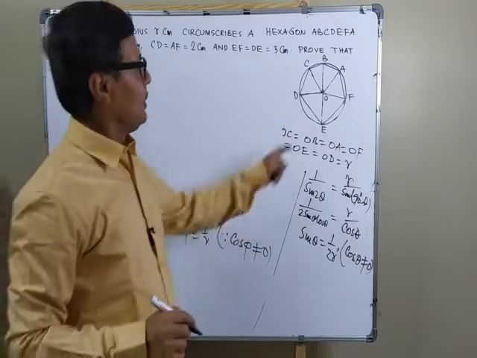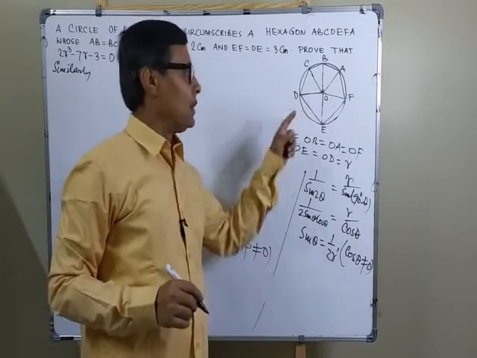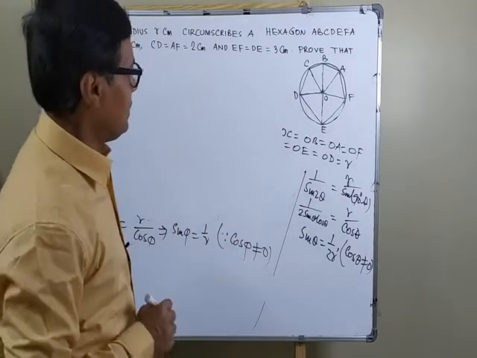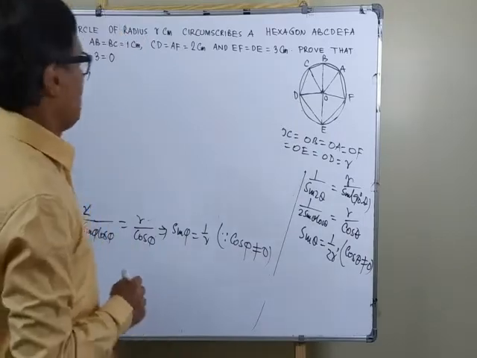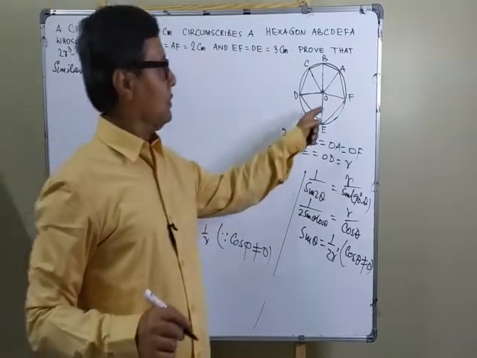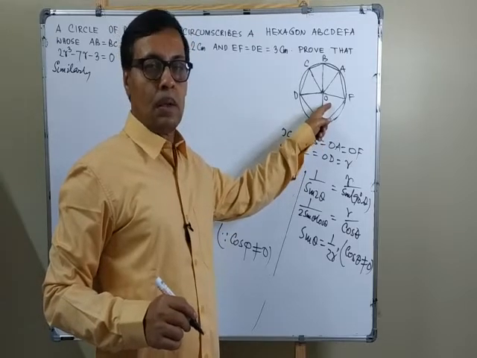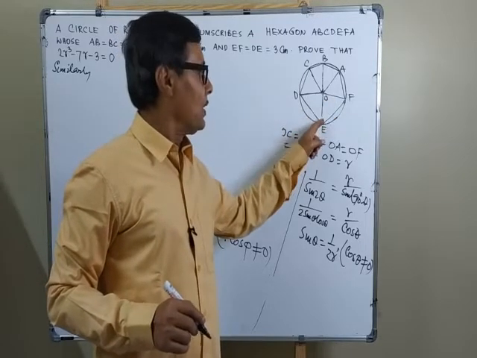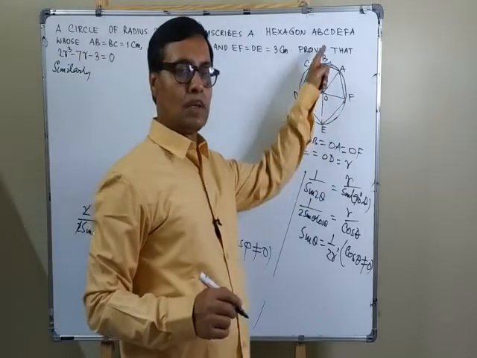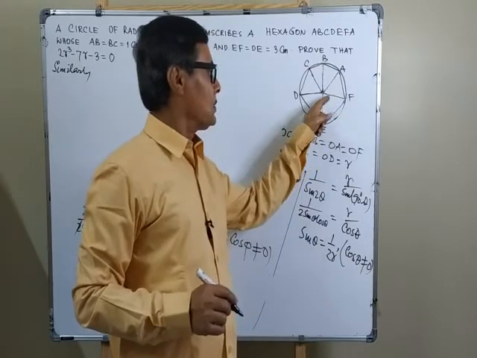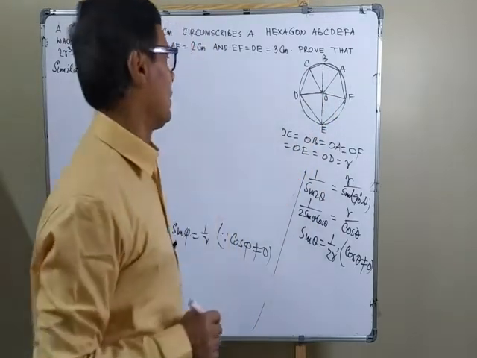We can also prove that this triangle is an isosceles triangle, because OF and OE are equal to R. These are the radii of this circle. So as these two sides are equal, this triangle is an isosceles triangle.